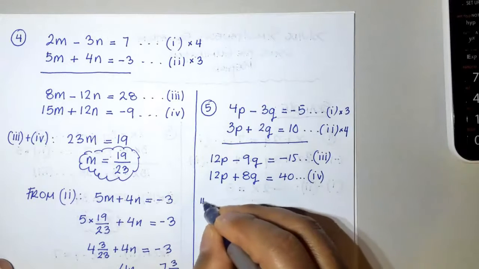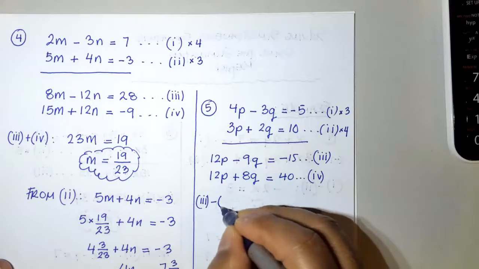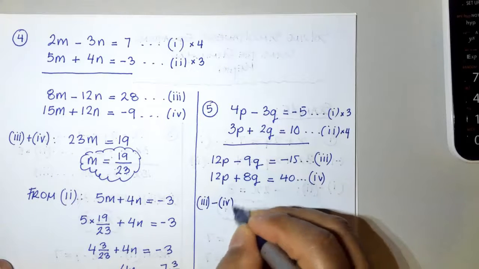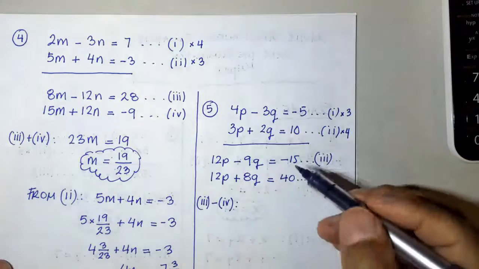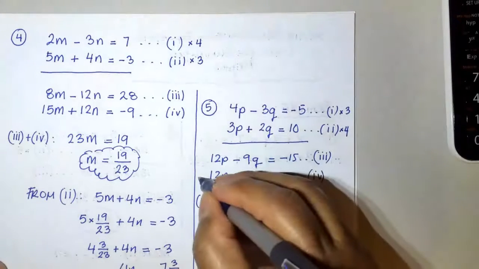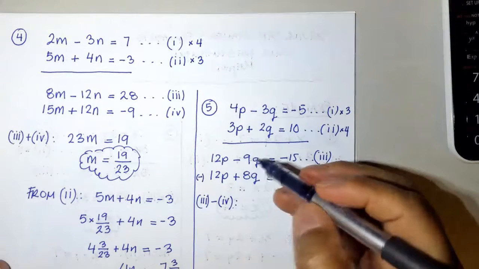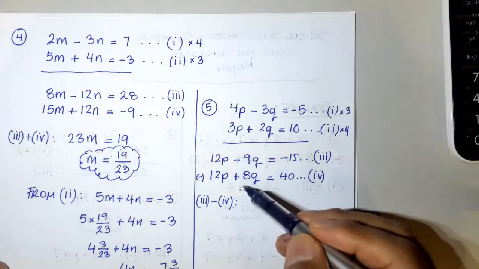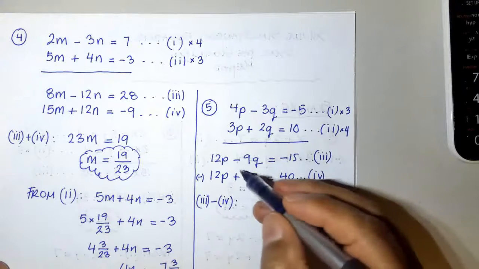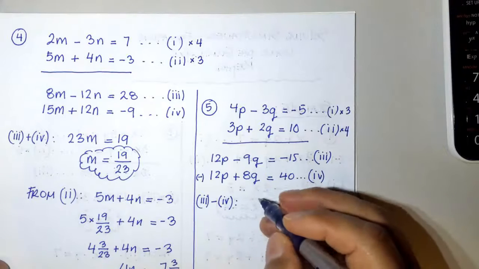So we do equation 3 minus equation 4. Okay, so 12 minus 12 is 0. And then we need to be careful, because this time we're going to do negative 9 minus 8. So it's going to be negative 9 and negative 8, so it's negative 17.